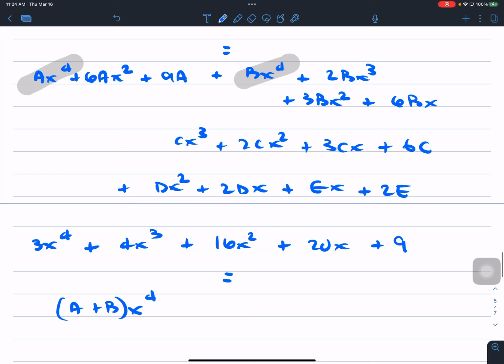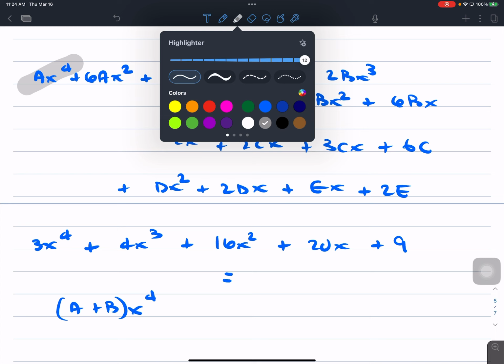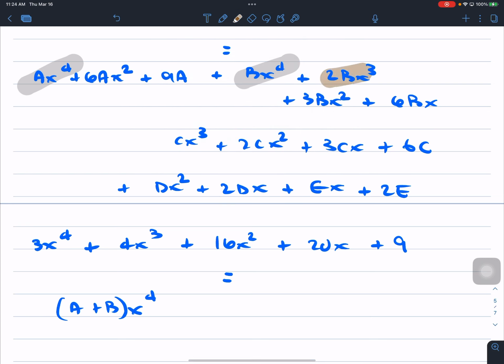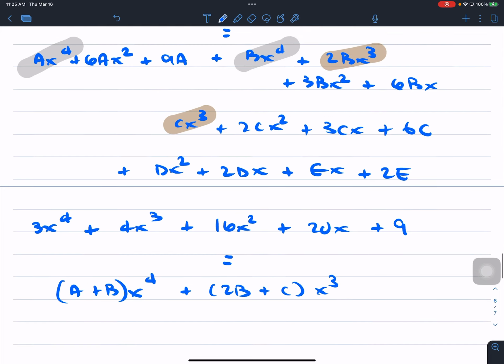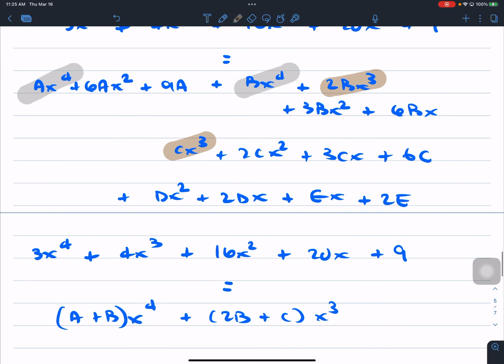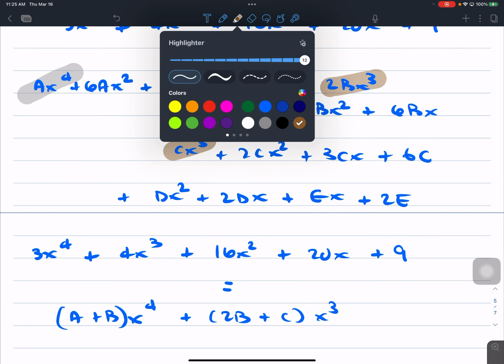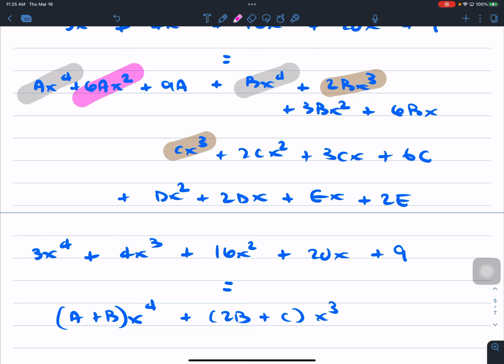And then what power comes next? Do you guys know? We're going to do this. 2bx cubed, cx cubed. (2b plus c) x cubed. Okay, what power comes next? 6ax squared, 3bx squared, 2cx squared.